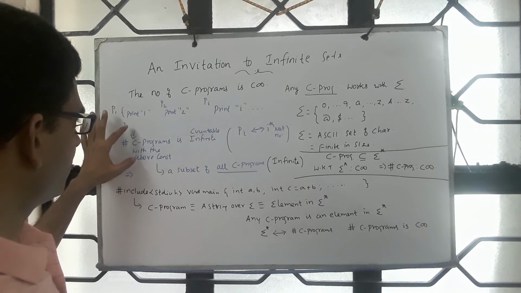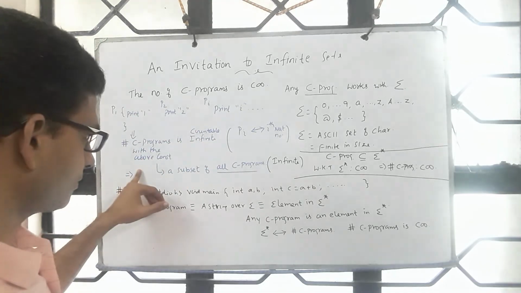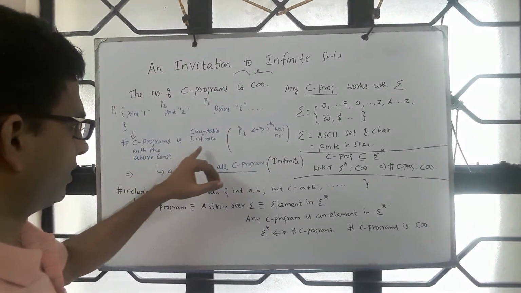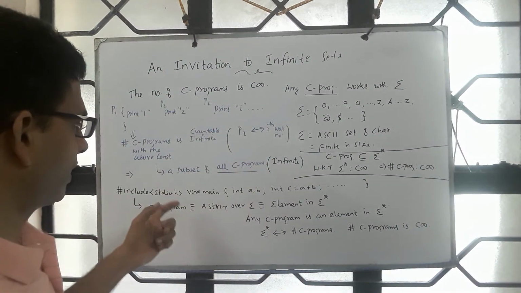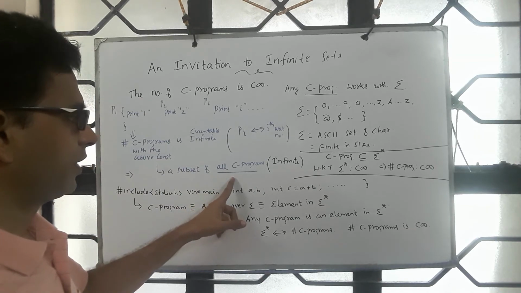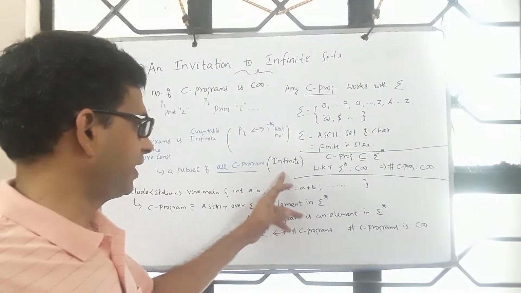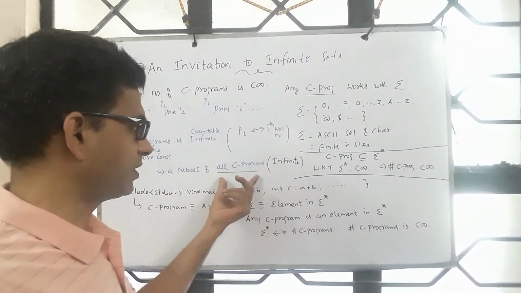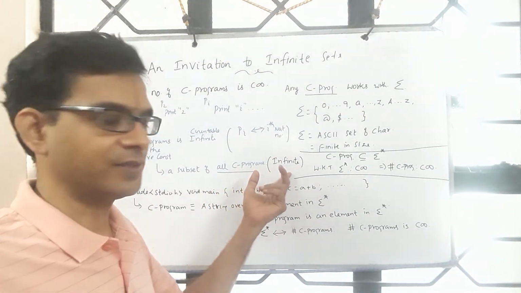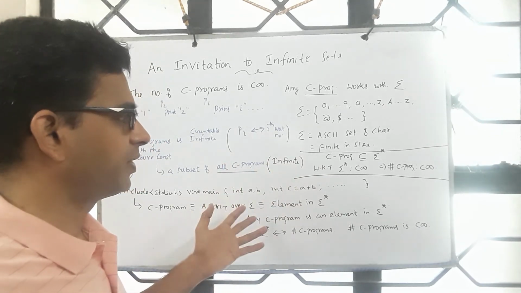So this is a C program with some specific constraint. You see that this is countably infinite, and this is a subset of all C programs, which means if a subset is infinite, its superset is infinite. I can only conclude that the set of all C programs is infinite in nature. But at this point in time, I cannot conclude it is countably infinite.